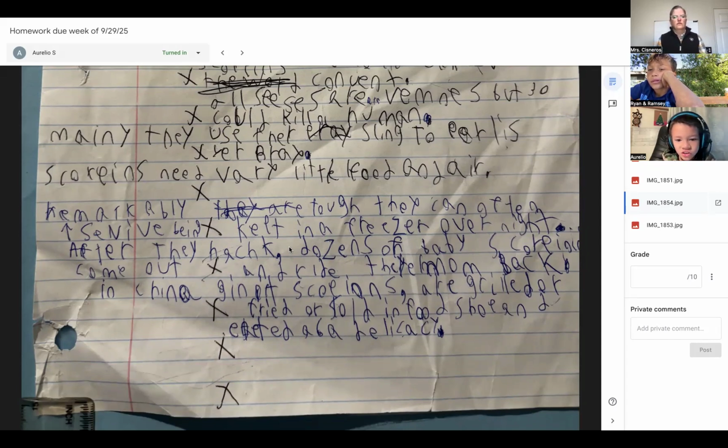After they hatch, dozens of baby scorpions can come out and ride on their mom's back. In China, giant scorpions are grilled or fried or sold in food shops. And I forgot to say the last word. I think you have, are a delicacy.